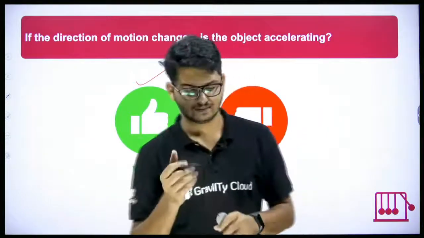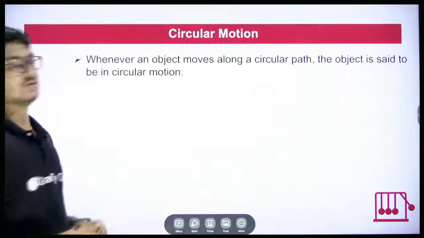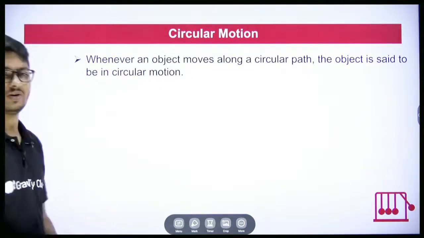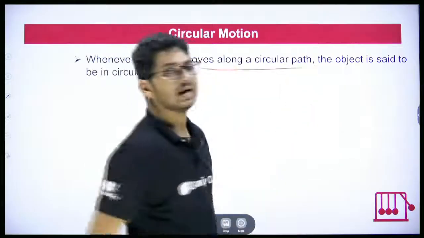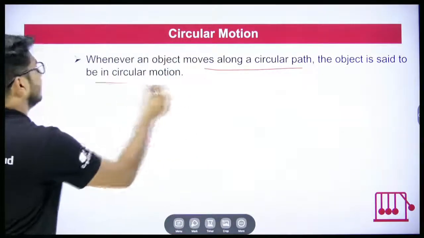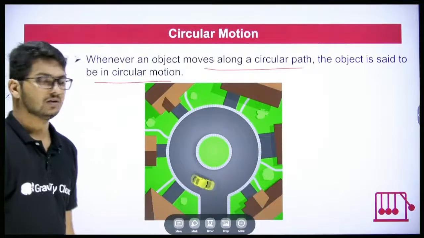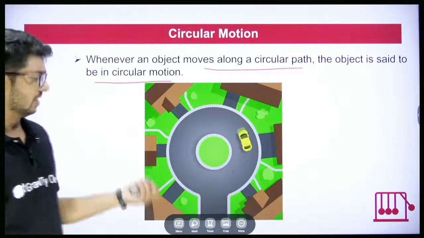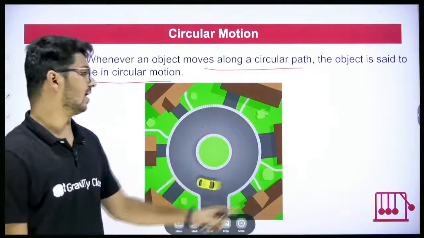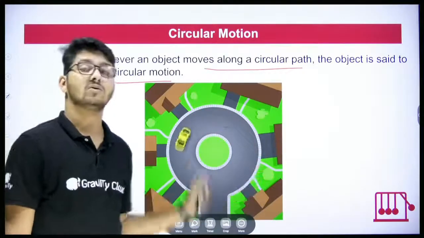Okay, let's continue. So now we'll come into circular motion. What is circular motion? When an object moves along a circular path, the object is said to be in circular motion. You can see a very simple example here. You have a car, a toy car, a car moving on a circular road.